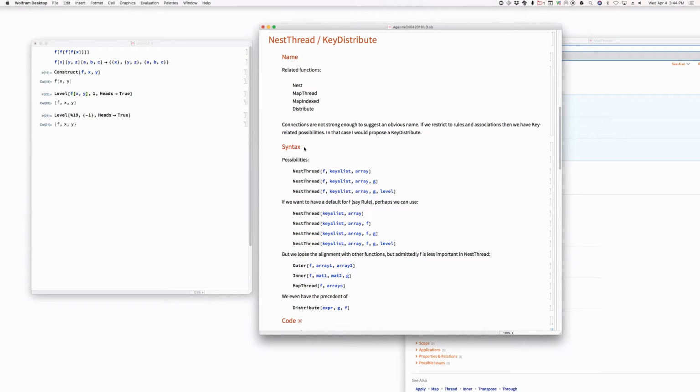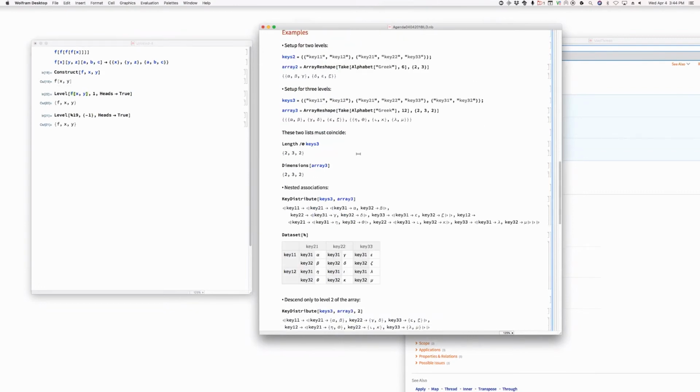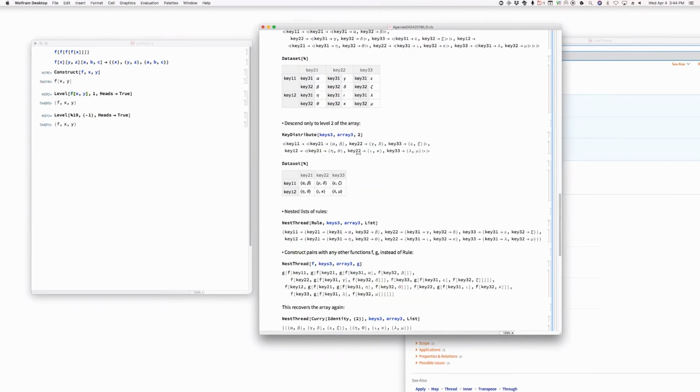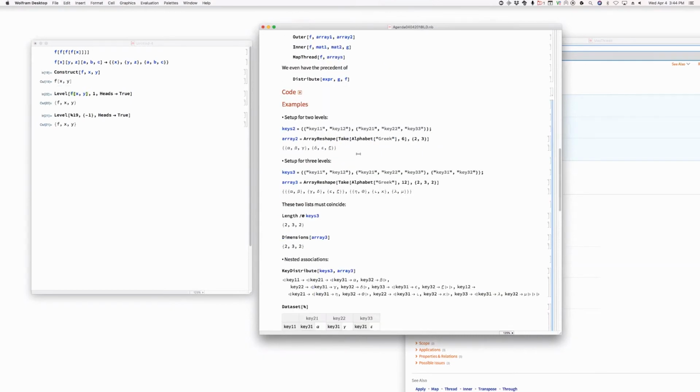NestThread sounds utterly obscure. What does it do again? So it's the idea of the same operation that you see there with those datasets, but generalizing rule and association to other heads, like we generalize the f and g functions in other places, Distribute, Inner, etc.